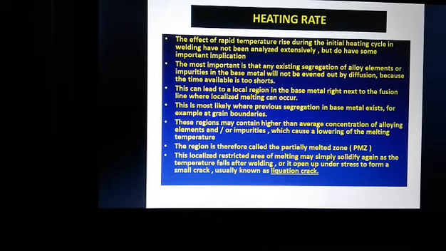This can lead to a local region in the base metal right next to the fusion line where localized melting can occur. This is most likely where previous segregation in the base metal exists, for example at grain boundaries.